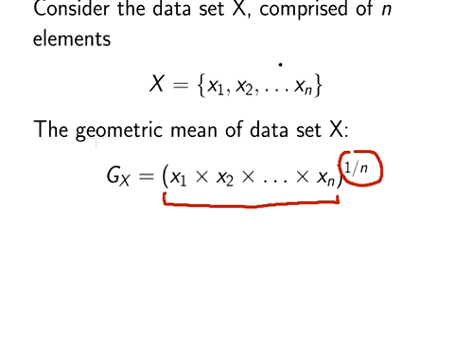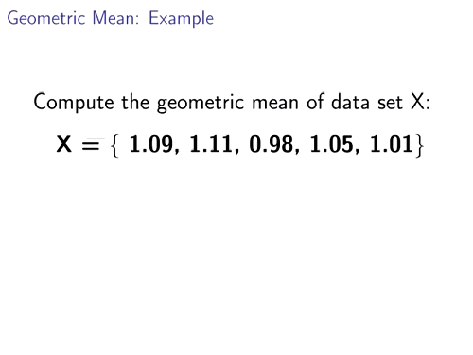Right, so let's look at an example here. Compute the geometric mean of the data set x. Importantly, there are 5 elements here, so n equals 5, and 1 over n is 0.2.